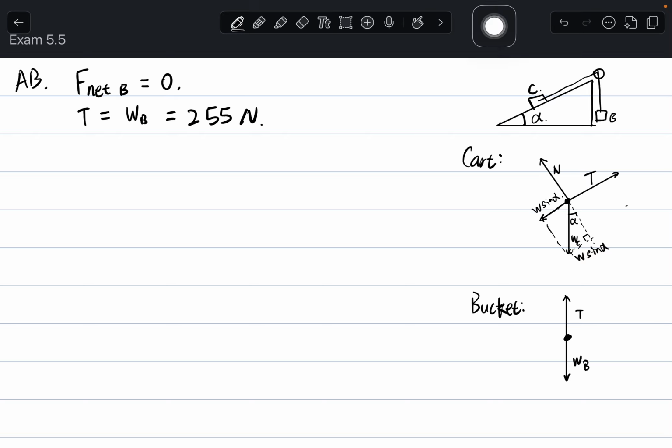And for question A, it asks for the weight of the cart. As we know, the cart is also moving at constant speed. So F net of the cart is 0. The sum of the x-axis forces is F net equal to 0.